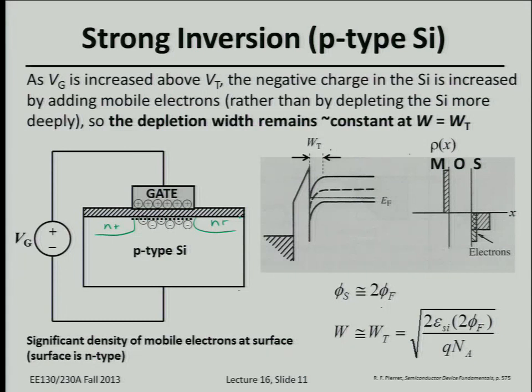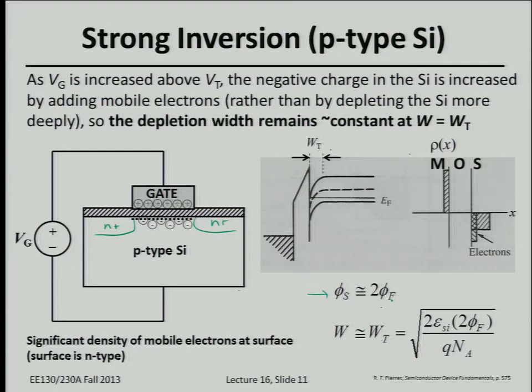So if you apply a gate voltage greater than the threshold voltage, there's really not much more room for more band bending to occur. We'll say approximately the total voltage drop in the silicon just stays at 2 phi f. It won't go much higher. That's an approximation. So we say there's a maximum depletion depth W given by this equation, with 2 phi f for the voltage drop in the silicon.